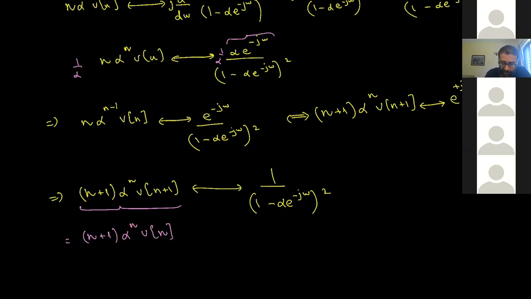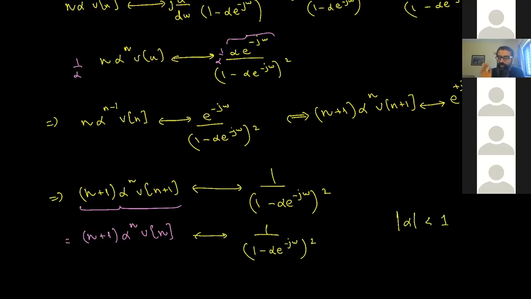Okay? So this is the result, which is exactly the result, Jamshed, that I used in the last example. So this is a known Fourier transform pair, by the way. So it's 1 upon 1 minus alpha e raised to minus j omega whole squared. Isme, of course, one of the things that's important is the absolute value of alpha is less than 1.